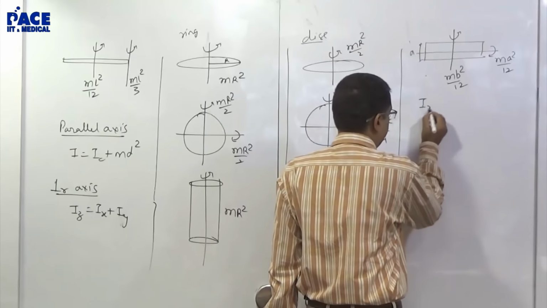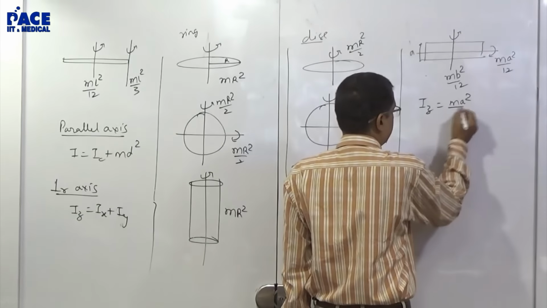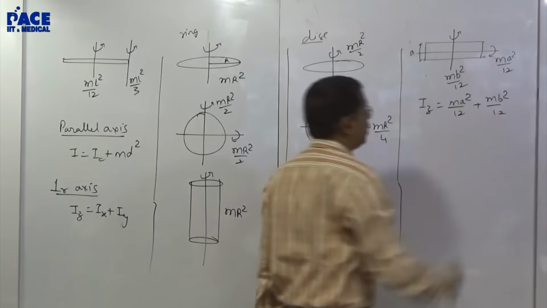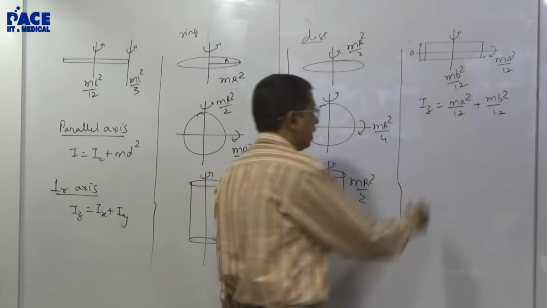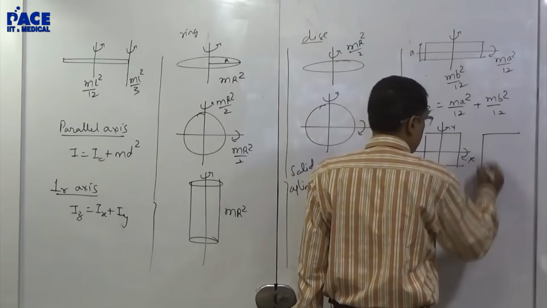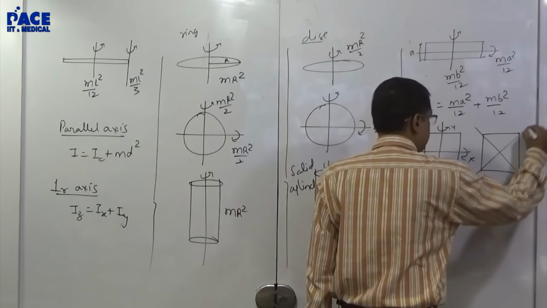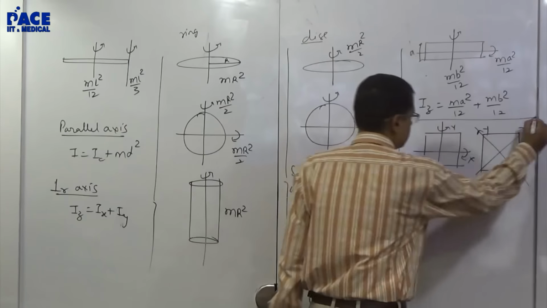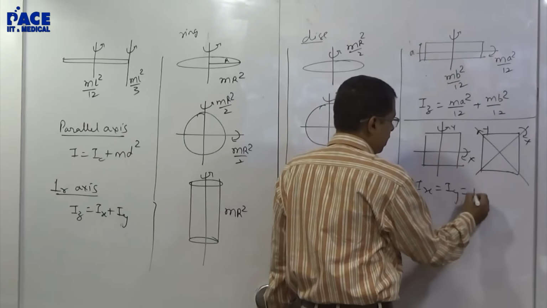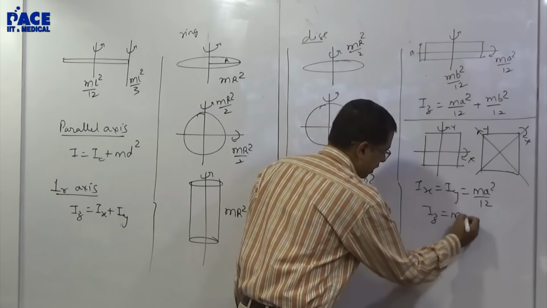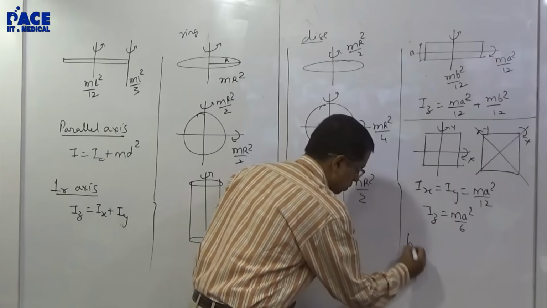For a square plate, this will be x, this will be y, or I can as well deal with these both as x and y. Ix is equal to Iy is ma square by 12. Iz is ma square by 6.